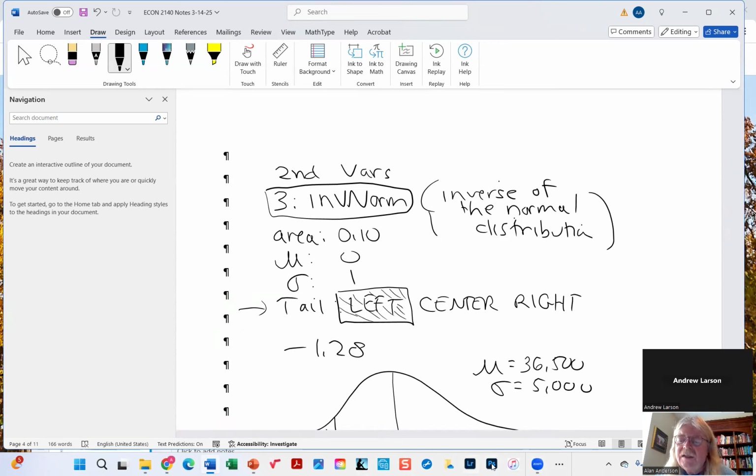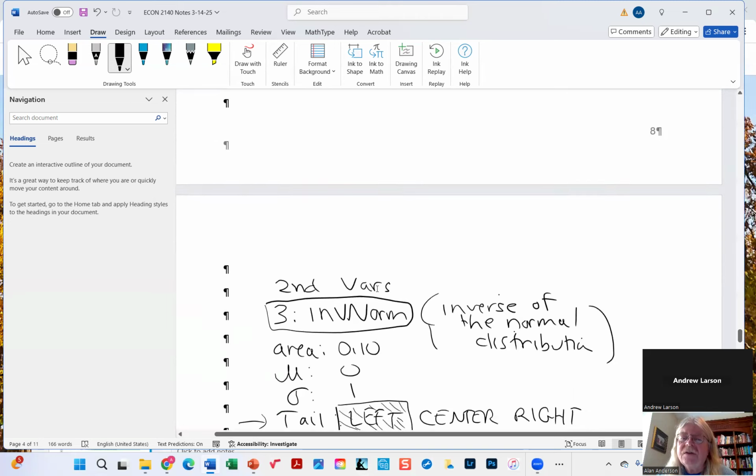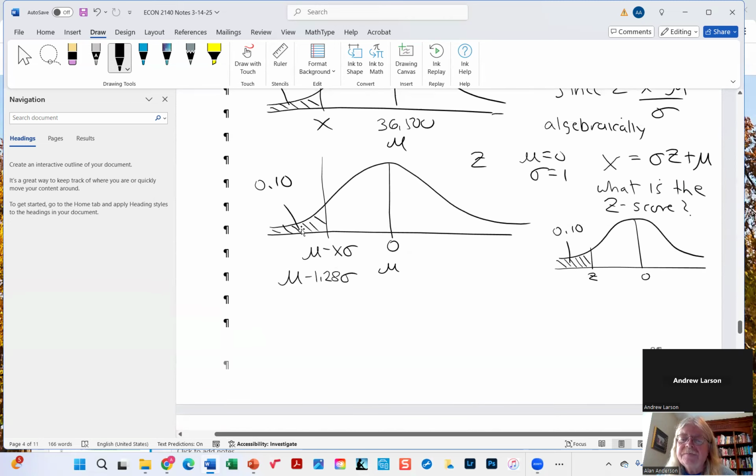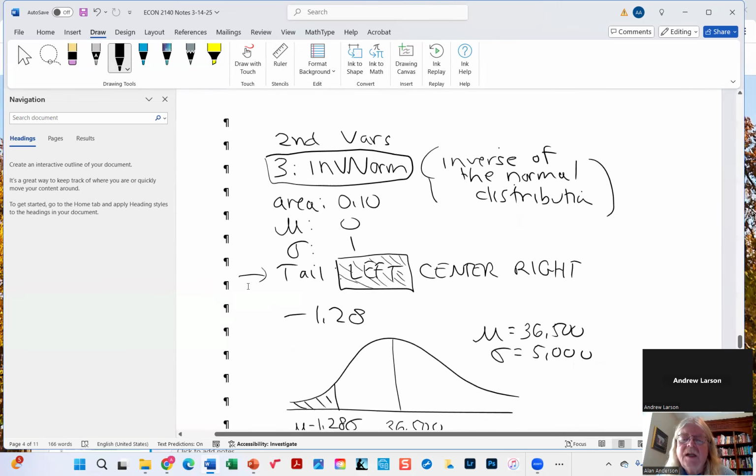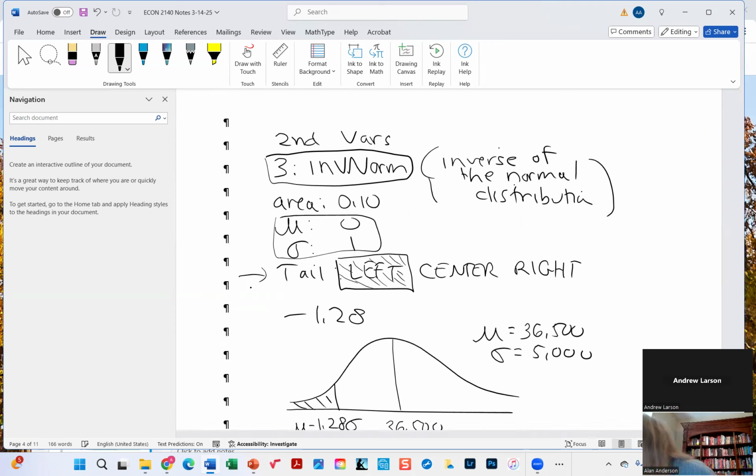All right. Now, once that's been settled, the area, and you can see the purpose of this left command, 0.10 represents the left 10% of the distribution, not the right, not what's in the middle, but the left. And if you plug in those numbers that you're seeing there, of course, remember, this is the standard normal. So 0 and 1 are the mean and standard deviation. You should get approximately negative 1.28.